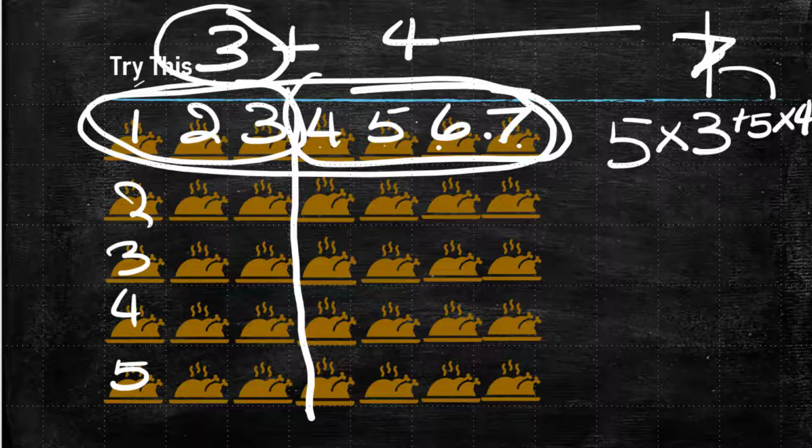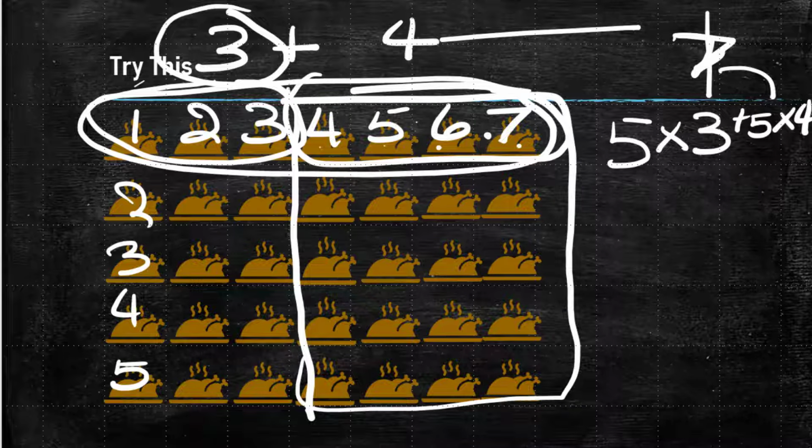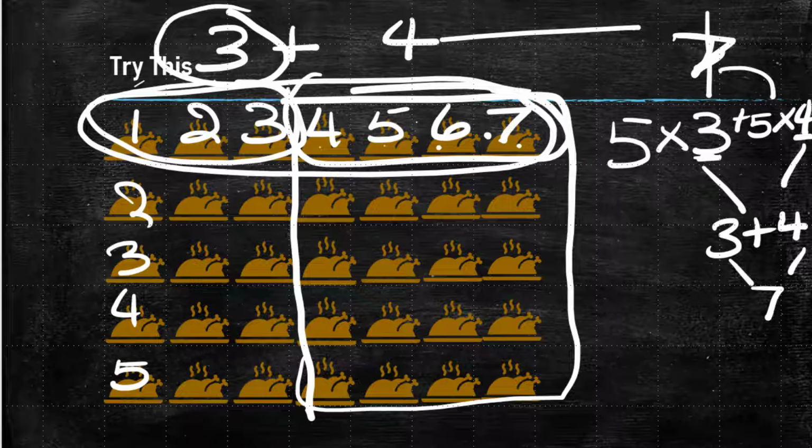The 5 remains the same for the amount of rows on this side of the array, but now the amount in each is 4. So that's where my 4 and my 3 come from. But when I add those together, 3 plus 4, that would give me an answer of 7. Okay? So sometimes you might see the break-apart strategy or the distributive property written like this: 5 times (3 plus 4).